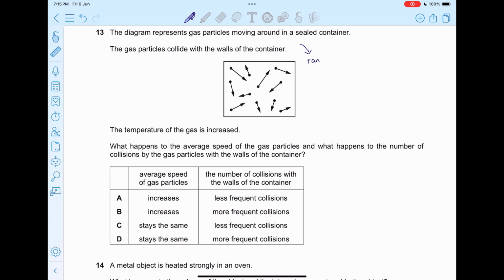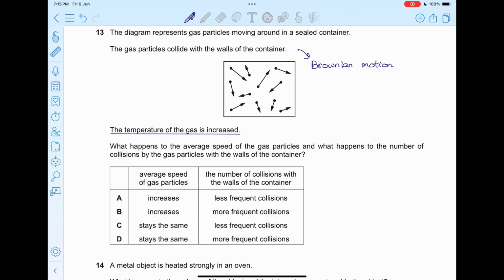The diagram represents gas particles moving around in a sealed container. The gas particles collide with the walls of the container. Okay, the picture is showing Brownian motion, which is the random movement of the gas. The temperature of the gas is increased.